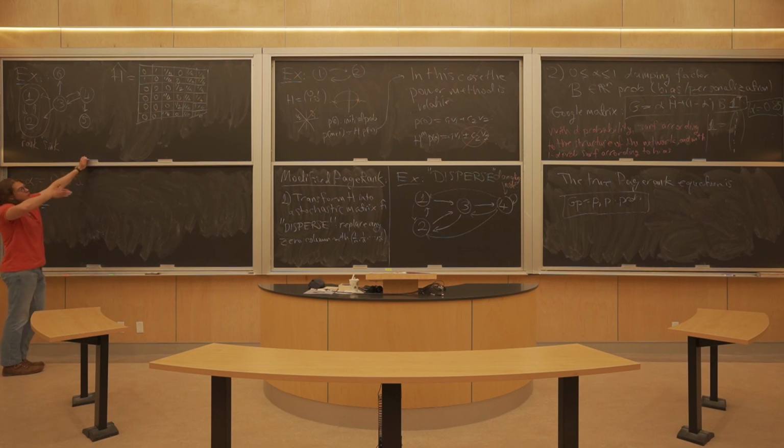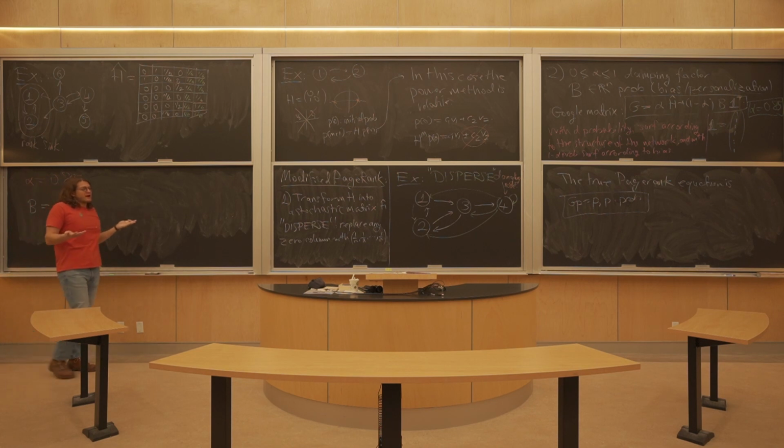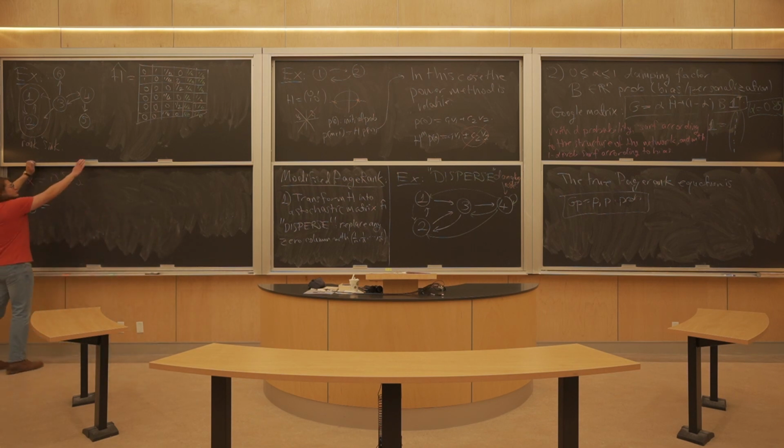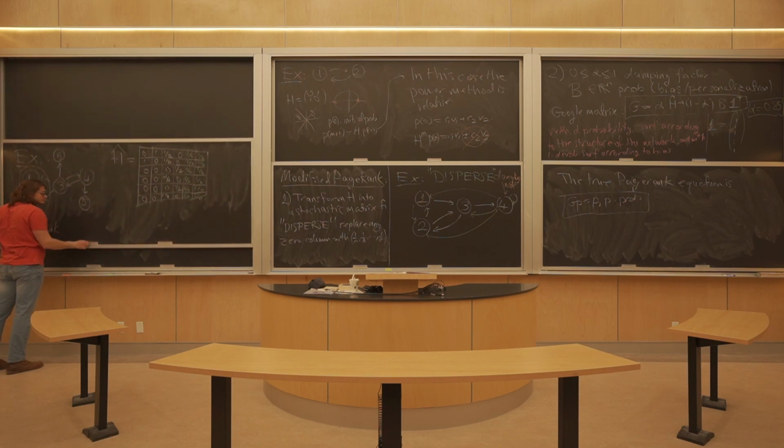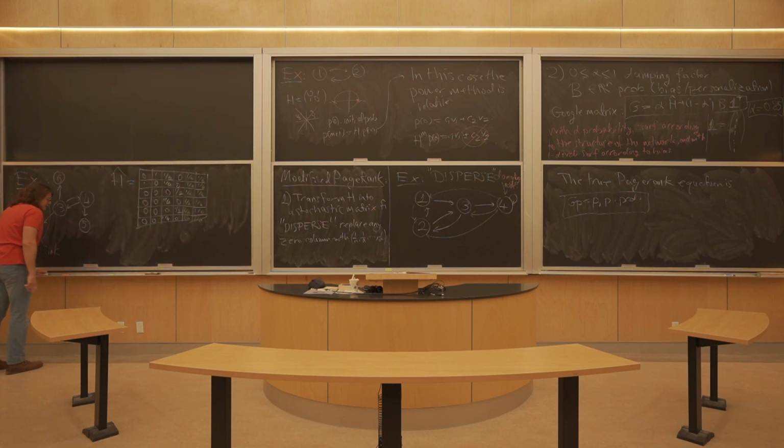Certainly I can use 1 over 6s all over. My bias vector is no bias, essentially, an unbiased bias vector if you want. But I can do something like this too. Let's say that this user really likes, for whatever reason, this web page. This is, let's say, this user's home page.